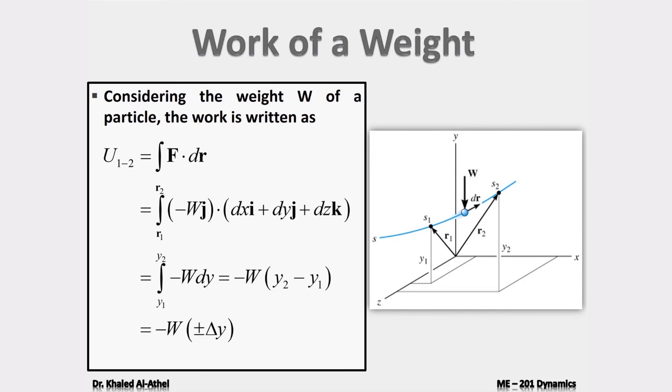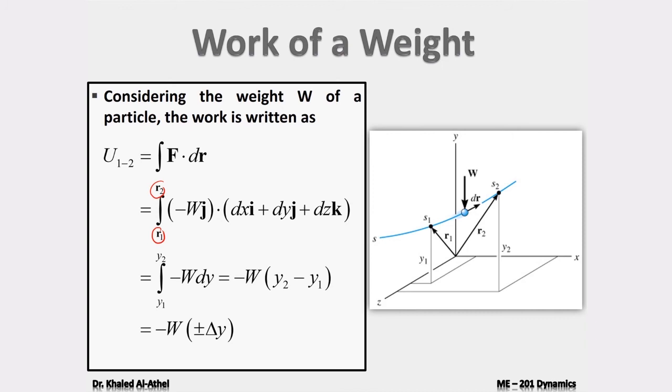Now, considering the weight W of a particle, as you can see on the figure to the right, the work can be rewritten as, first of all, we start with the general definition. The work done between 1 and 2 equals the integral of F dot dr, from r1 to r2. Now, what is the force? It is W, and the magnitude is negative because it's in the minus j direction.